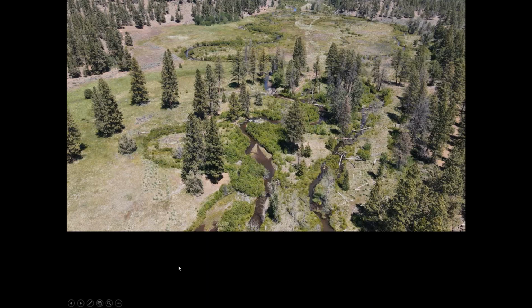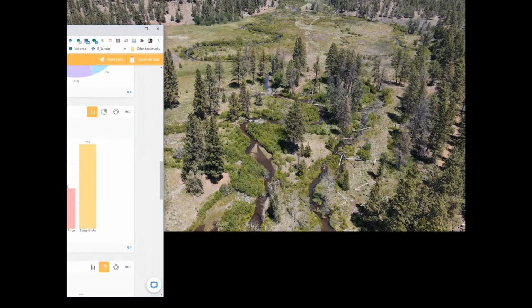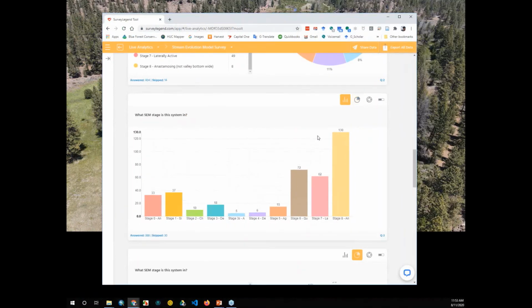Very good. So this is an interesting one. So in terms of what people answered, maybe it's a little easier to see it like this. So most, 33%, about a third of you are calling this stage 8 anastomosing.